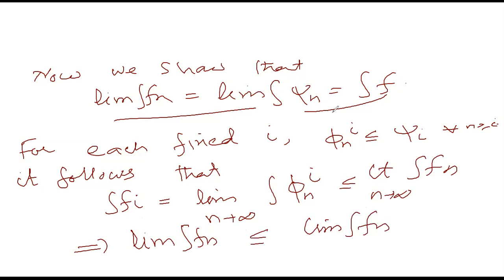Sorry, it's psi on this side, not phi. On this side we have psi. So here it's psi and psi. And the reverse inequality is already established, so therefore equality holds.